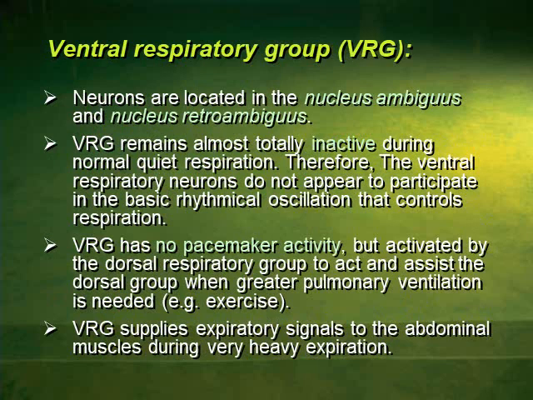The ventral respiratory group. Neurons of this group are located in the nucleus ambiguus and the nucleus retroambiguus. The ventral respiratory group remains almost totally inactive during normal quiet respiration.